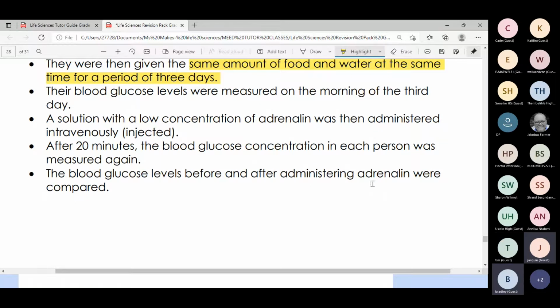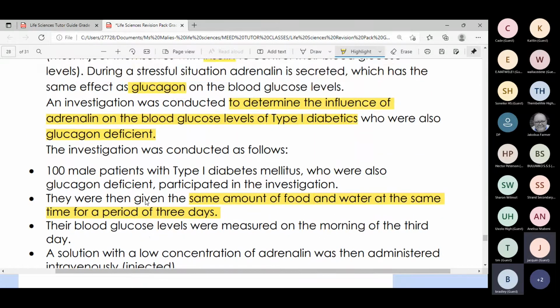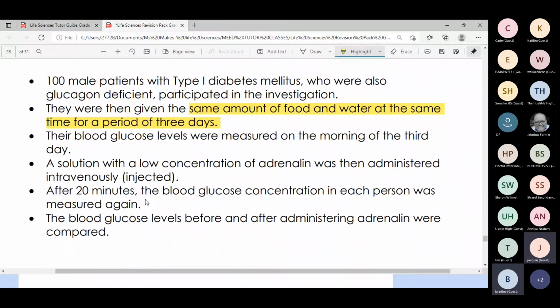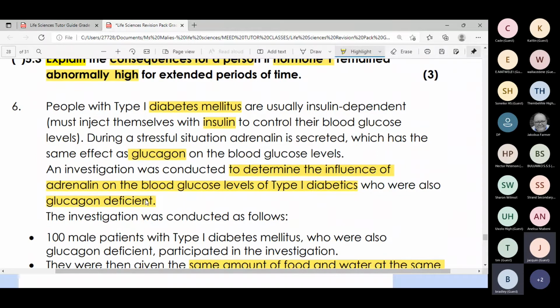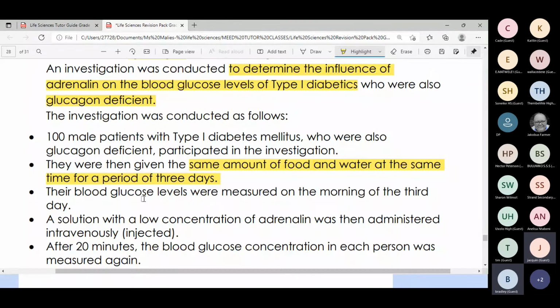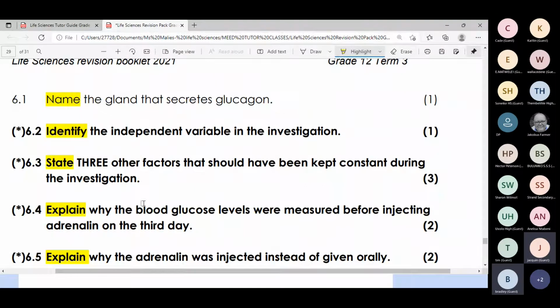Now, grade 12s, please, when we are dealing with a scientific question like this, make sure you read all the information. Please read all the information. Don't skip the information, because when we get to the questions, question 6 has a lot of higher order questions. 6.1, name the gland that secretes glucagon.